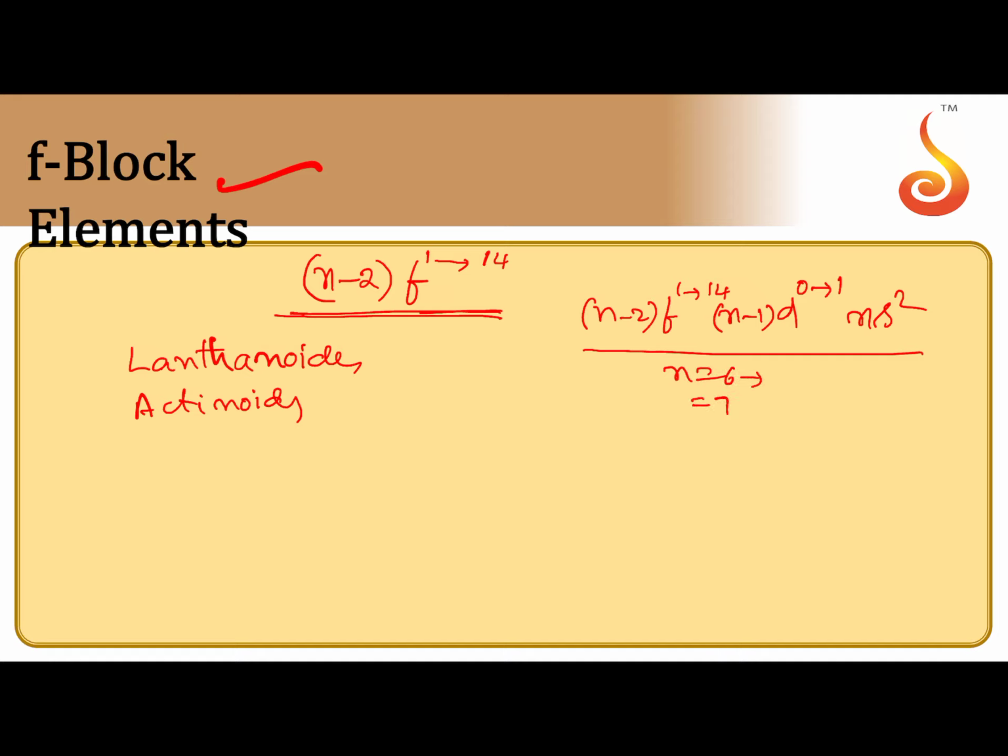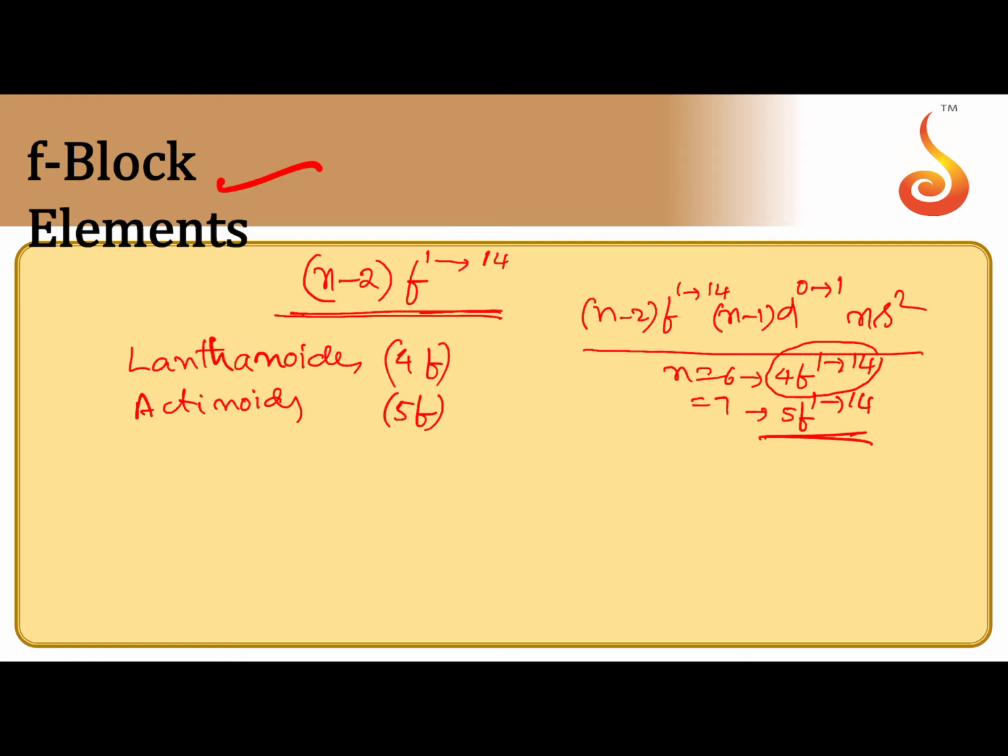When n is equal to 6, the differentiating electron enters into 4f, so these 14 elements are called 4f series or lanthanoids. If n is equal to 7, the differentiating electron enters into 5f, 5f 1 to 14. The elements are called 5f series, so actinoids are also called 5f series.